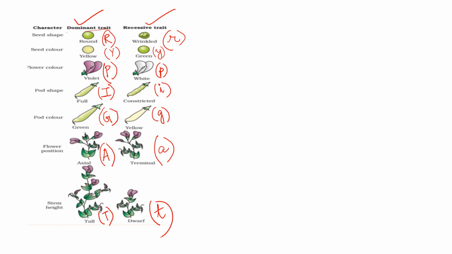Now let's see whether you can answer all this correctly. So suppose I write the genetic code as capital T, that means the plant will be tall. Again, suppose I write capital R, that means the plant will have round seeds.